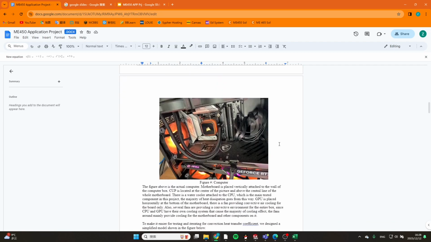This model is kind of complex for modeling and simulating, so we identified these components to be the majority of heat consumption and heat dissipation requirement for the entire thing.